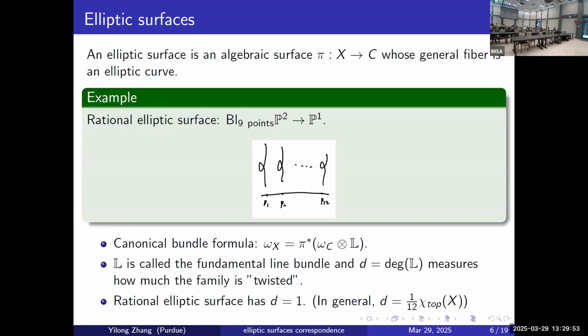Because if I remove the nodal fibers, it's going to be a fiber bundle. So for the fiber bundle, I have the product formula: the Euler characteristic of the fiber times the Euler characteristic of the base, which is P1 minus 12 points.